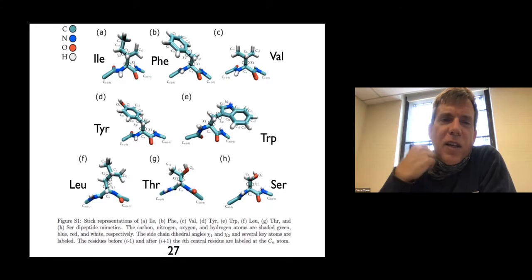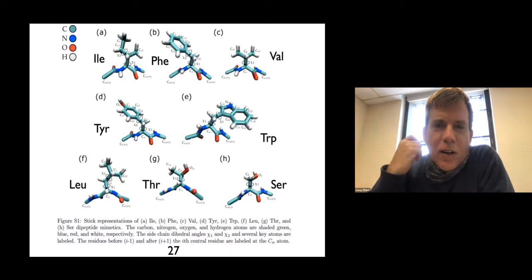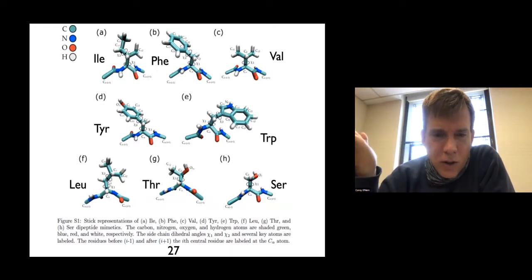And so that's going to be isoleucine, phenylalanine, valine, tyrosine, tryptophan, leucine, threonine, and serine. And so these have abundances in the central regions of proteins.